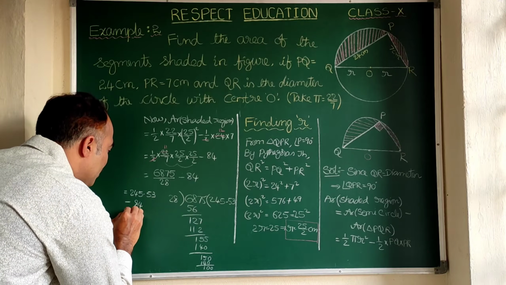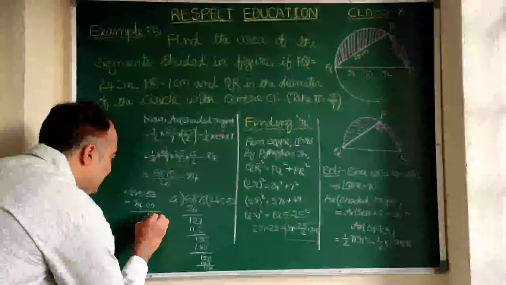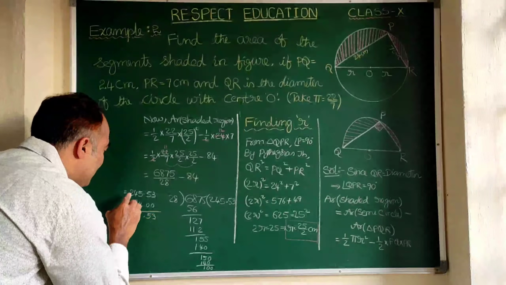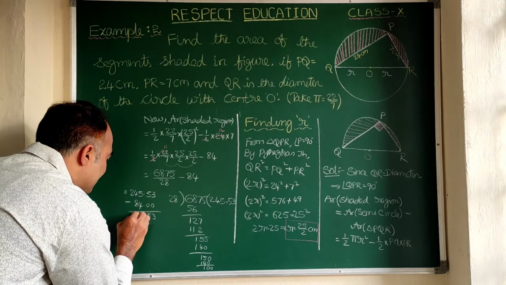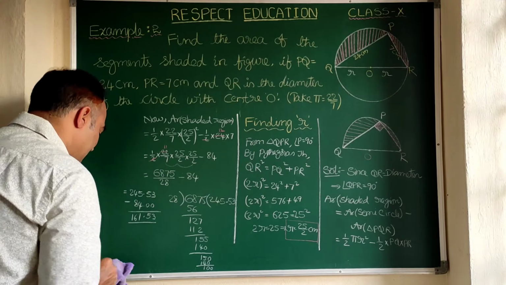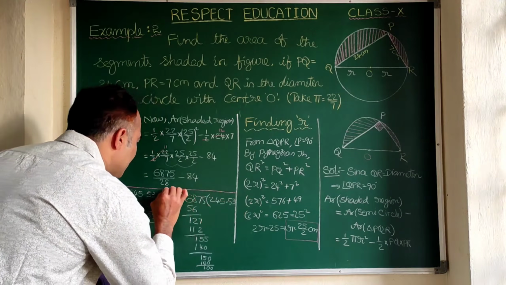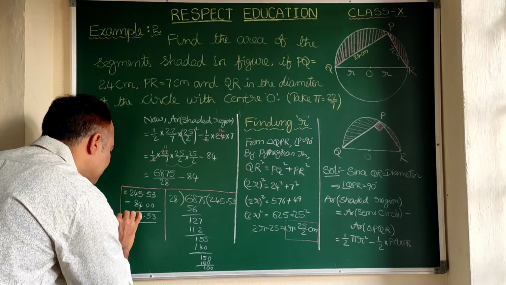On subtracting, we get 53 as it is. 5 minus 4 is 1. 24 minus 8 is 16. Here we maintain this as the rough column. This is for our simplification.